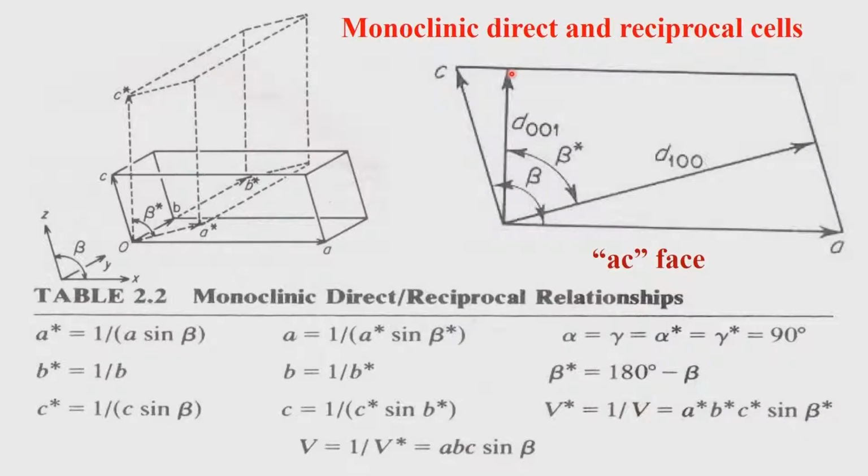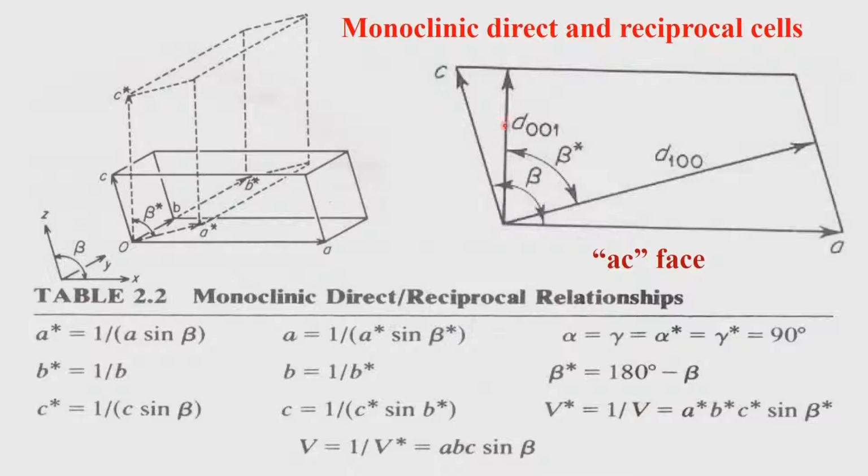The normal to the plane is 90 degrees with respect to the plane, and therefore, we have now 0, 0, 1 in this direction, and 1, 0, 0 in this direction, because this is the 1, 0, 0 plane. If you consider here, this is the 1, 0, 0 plane. So, what you have done is you have taken the origin and drawn a line like that, and that is d of 1, 0, 0. And similarly, along the b axis, you have taken and drawn a line like that, that is d of 0, 0, 1.